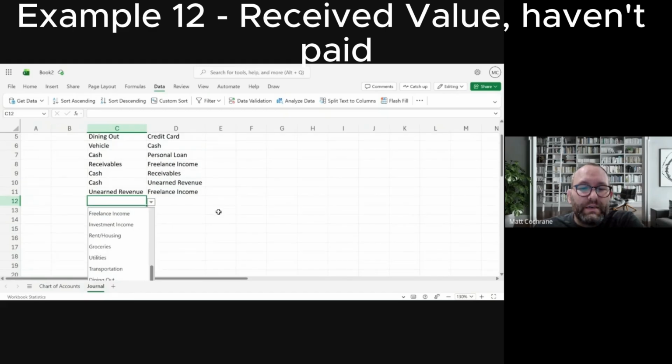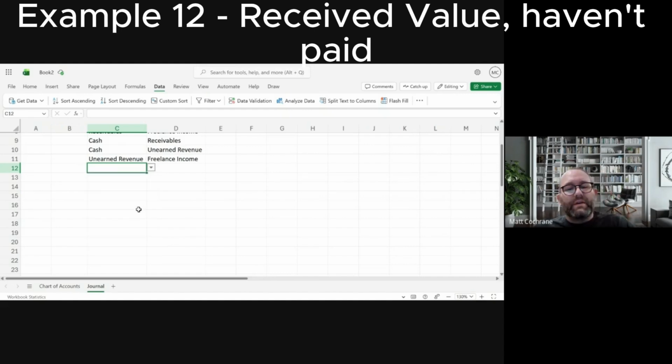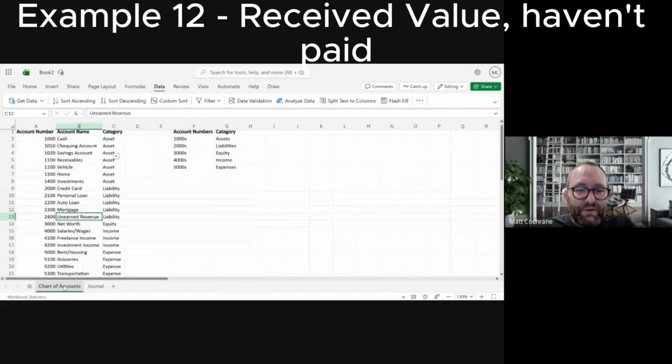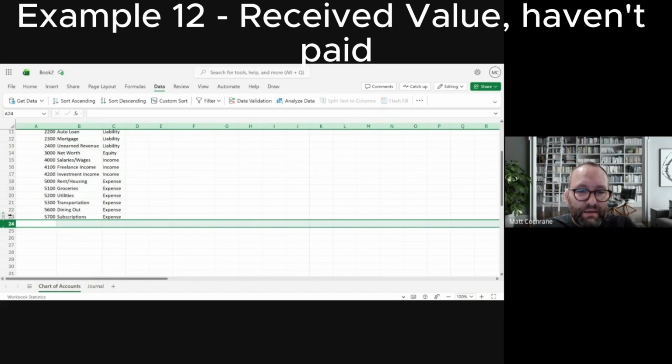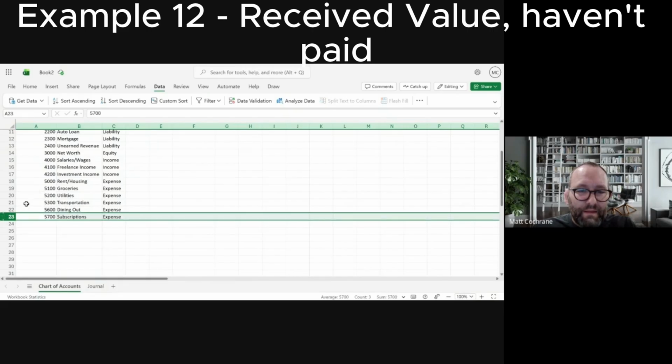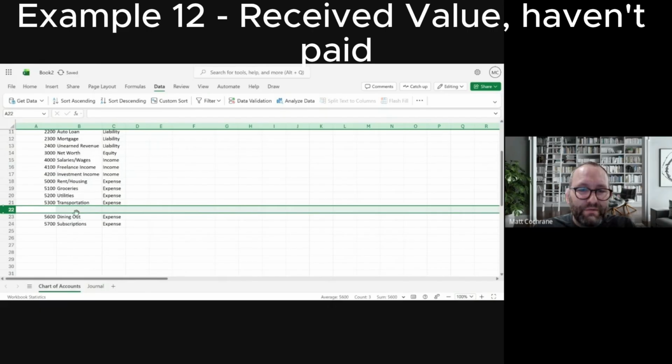Let's see here. Let's say that we're going to create an expense here. And we're going to call this renovation expense. Okay, so we're going to go to our chart of accounts. We're going to find the expense here. We're going to add, let's say right here, insert row above.